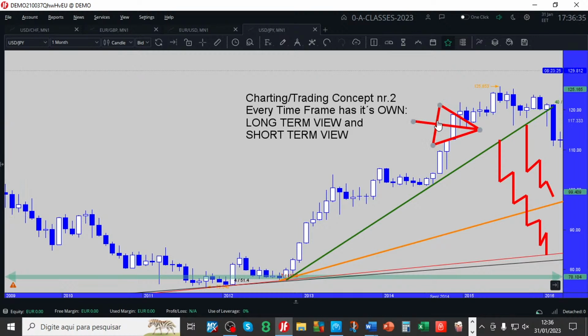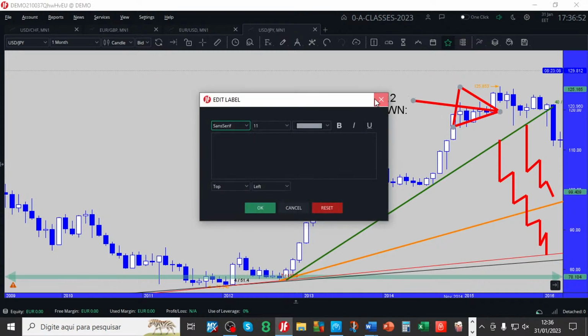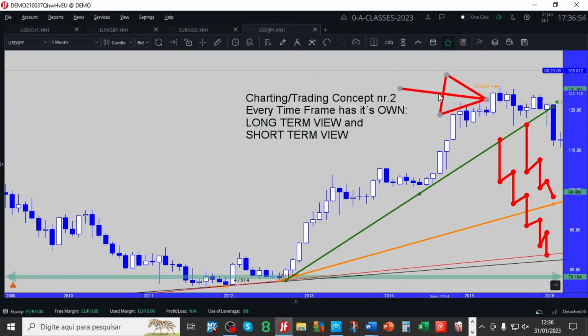Don't confuse apples with bananas. Every single time frame has its own long-term view and short-term view, everybody. Don't confuse the monthly chart with the weekly, and the weekly with the daily, and the daily with the 1 hour, and the 1 hour with the 15-minute chart. Okay, everybody?